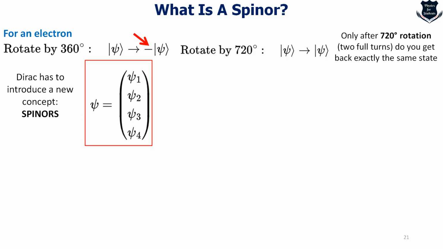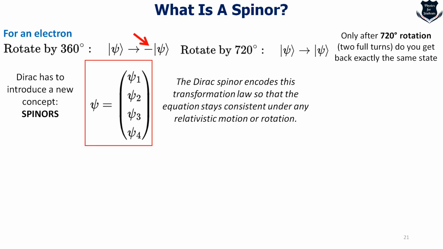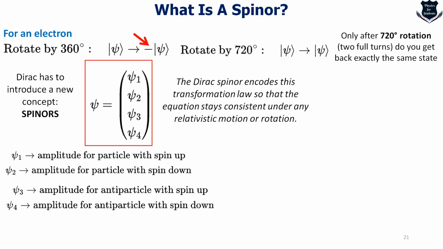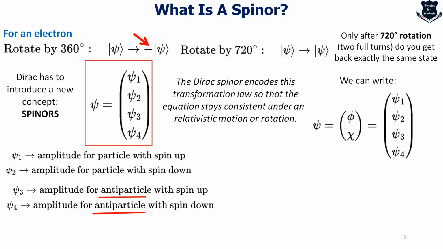So in order to interpret that, Dirac had to introduce a new concept which is called a spinor. A spinor looks like this: psi 1, psi 2, psi 3 and psi 4. psi 1 and psi 2 are amplitudes for particles with spin up and spin down, and the bottom part shows the antiparticles with spin up and spin down. We can further divide this psi into two parts, let us say phi and chi.